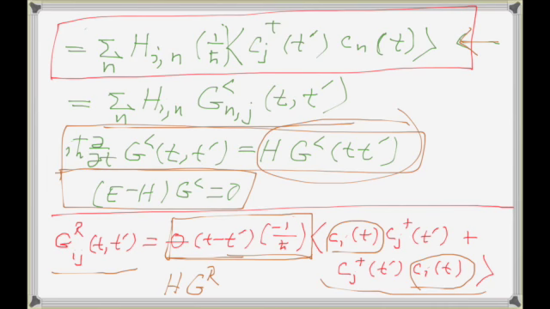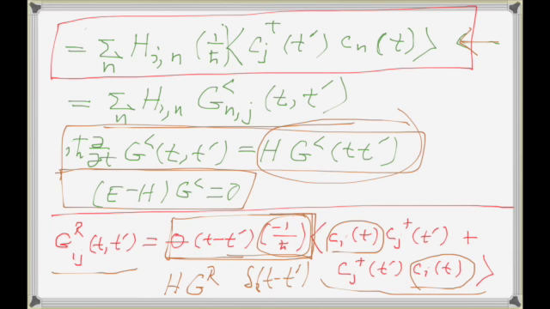this, the iħ is canceled by this. iħ times negative i over ħ gives me 1. And I get d/dt of theta, so that gives me delta ij, delta of t minus t prime. So d/dt acting on theta of t minus t prime gives me delta of t minus t prime. And so the only time I'm going to get anything non-zero is when t equals t prime.